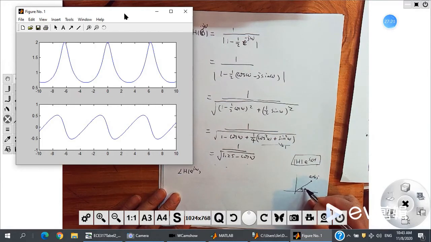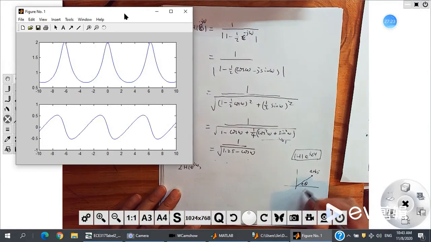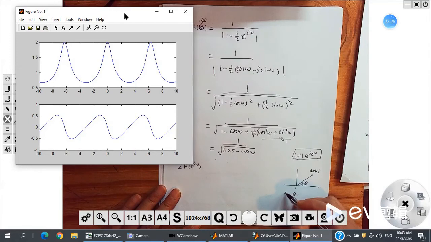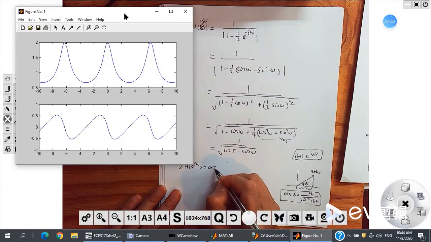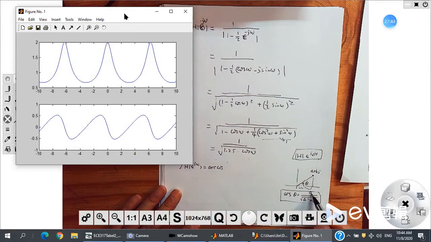If I take cosine of this angle, it will be a over the square root of a squared plus b squared, the magnitude in the denominator, and the numerator will be this length, that is a. So cosine theta is this one. So the angle is arc cosine of a over this one. A is the real part.